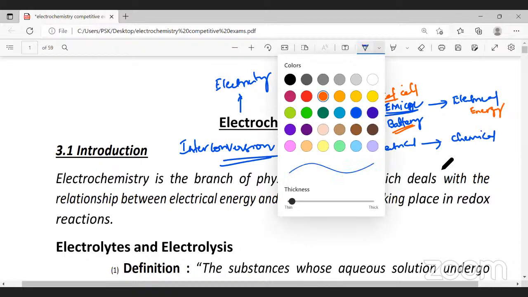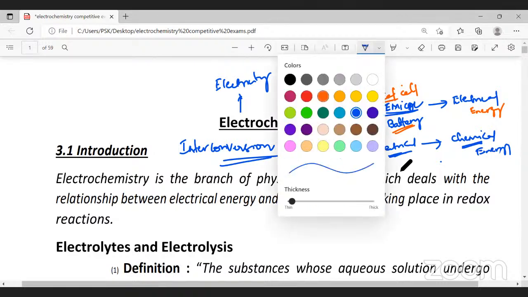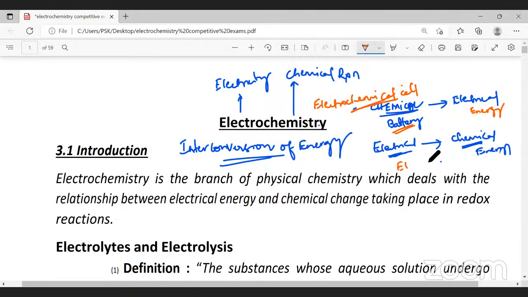Likewise, a cell which converts electrical energy into chemical energy is called an electrolytic cell.